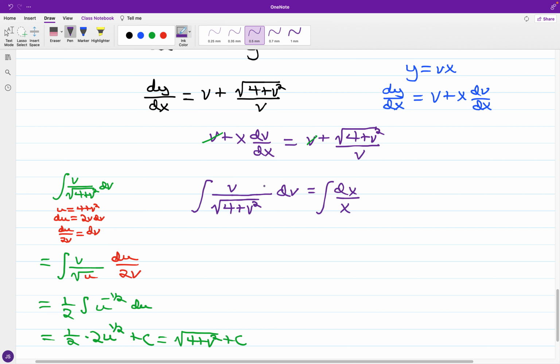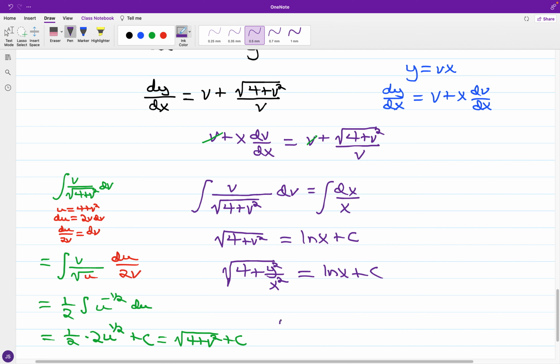So reverting back to what we had here, the square root of 4 plus v squared is equal to the natural logarithm of x followed by the constant. And if I follow through, we're going to have the square root of 4 plus y squared over x squared is equal to the natural logarithm of x followed by the constant.